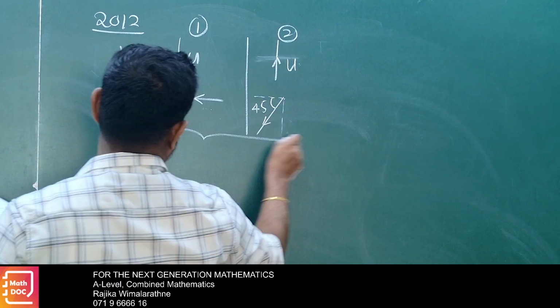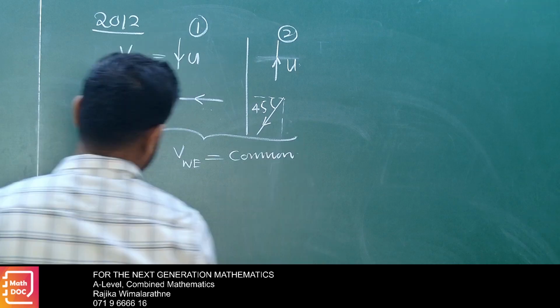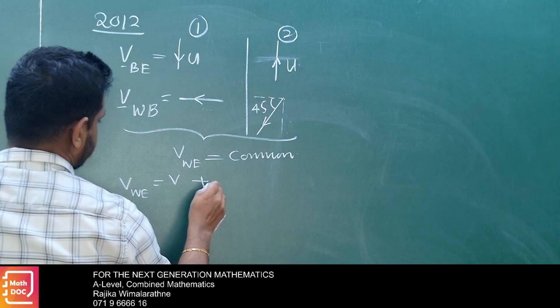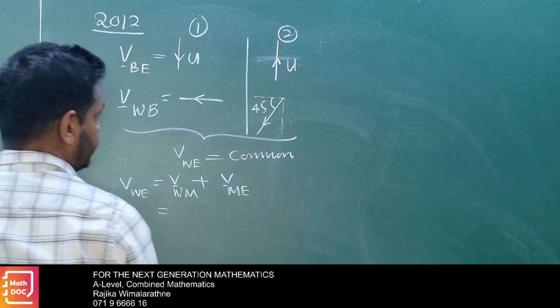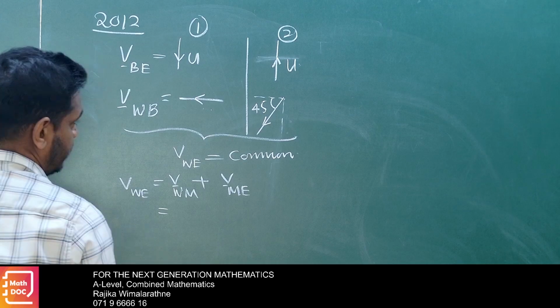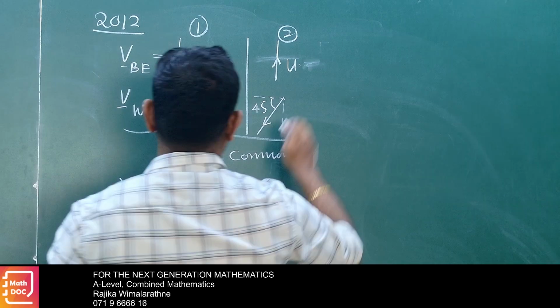But we know the velocity of the wind with respect to earth is common. Then write the relative velocity theorem: Wm equals Wb plus Be.